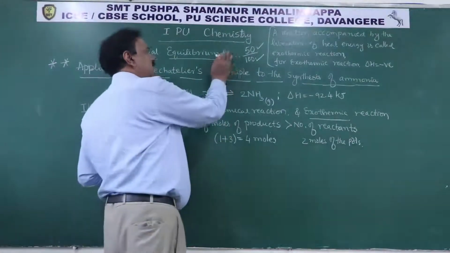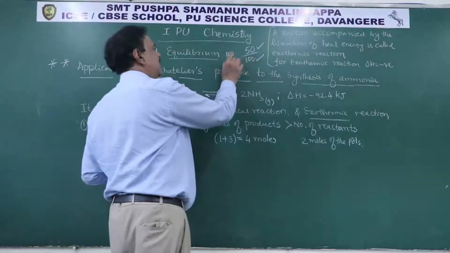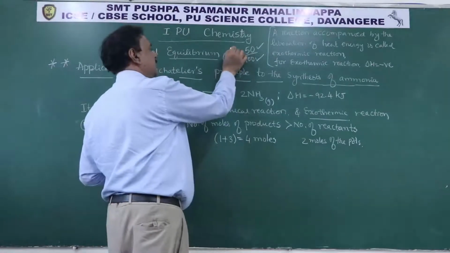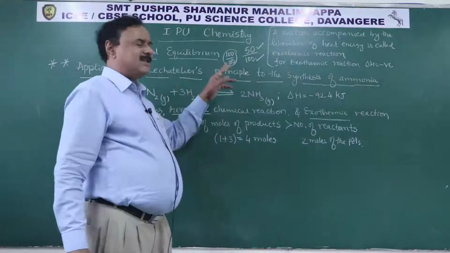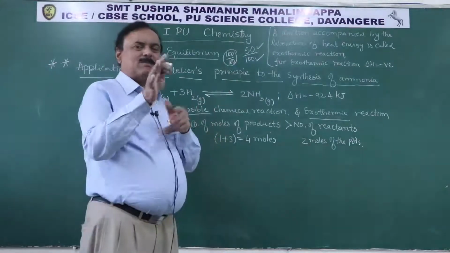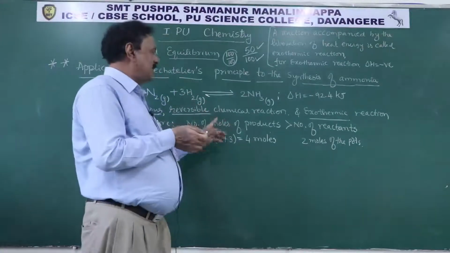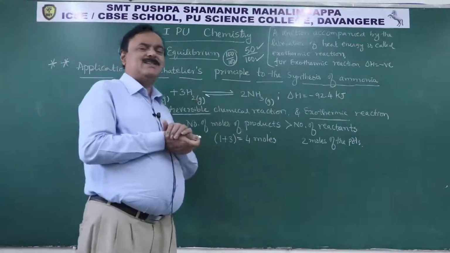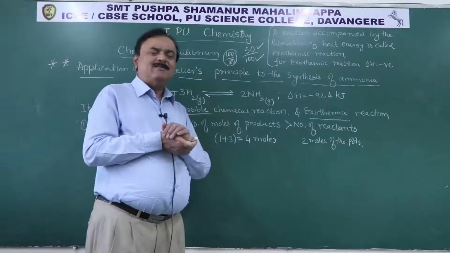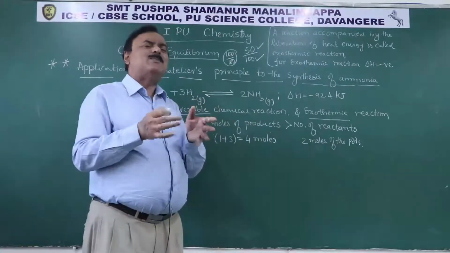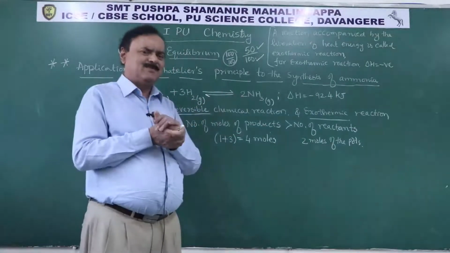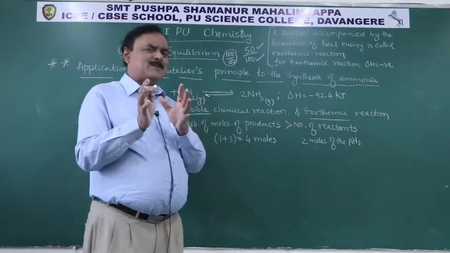If you scored 100 out of 100, then your teacher thinks, oh, I am not supposed to apply pressure because he is perfect. Therefore, whenever the number of moles of the reactants and products are equal, we are not supposed to apply pressure. If you apply pressure, pressure has no effect.